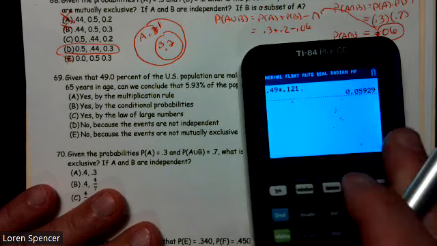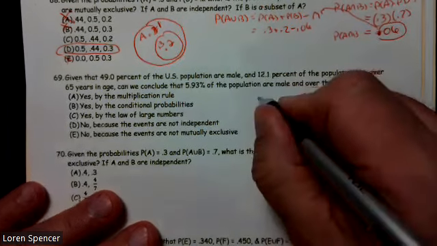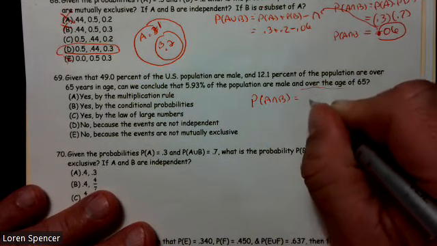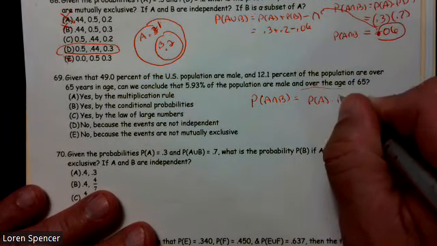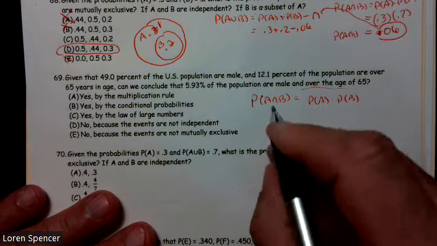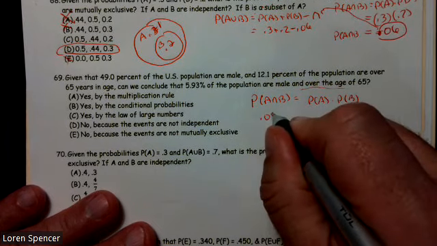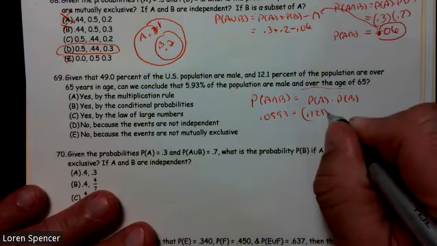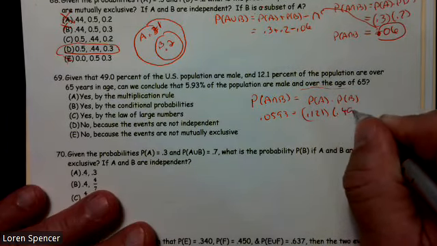And that's where they got it. They said, oh, they're independent. They said the probability of A and B equals the probability of A times the probability of B. And they said, oh, this is 0.0593, and this is 0.121 times 0.49.